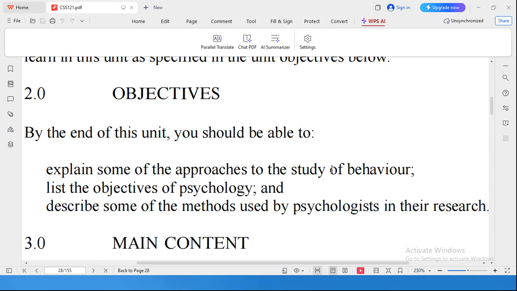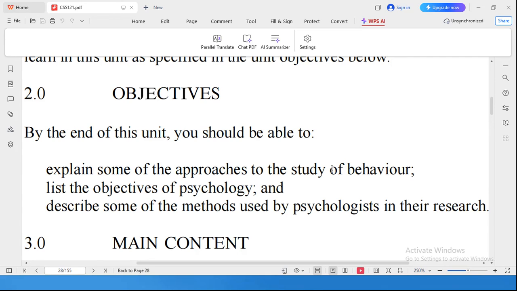Number five, experimentation. This is testing cause and effect, and mostly scientific. And number six, tests. IQ tests, aptitude tests, personality tests.